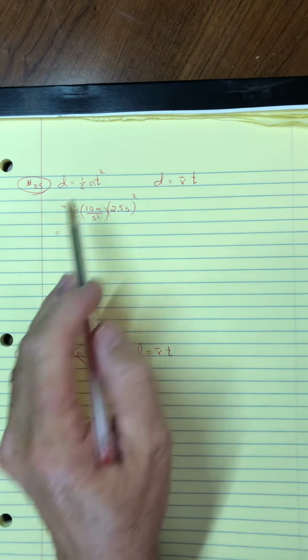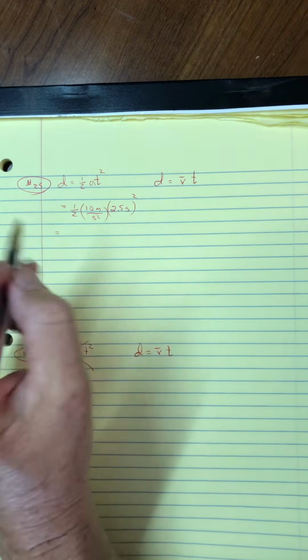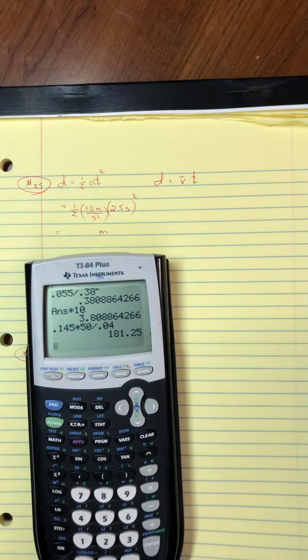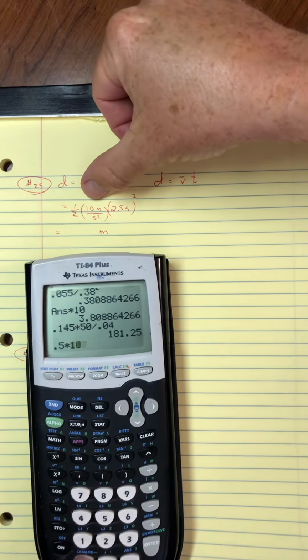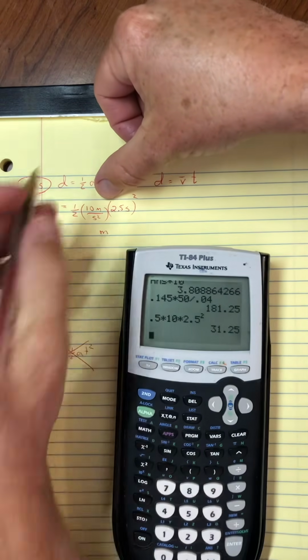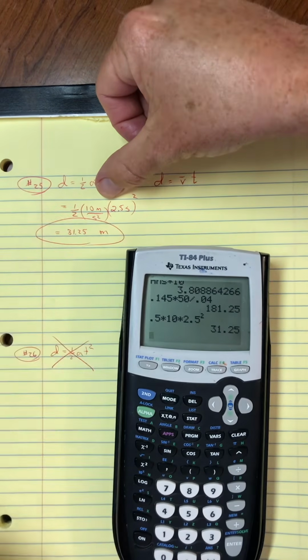And I'll start with the units. If you square both of these, you get seconds squared, which cancels with that second squared, and you're left with just the units of meters. If you get out your calculator and go 1/2 times 10 times 2.5 squared, you get 31.25 meters.